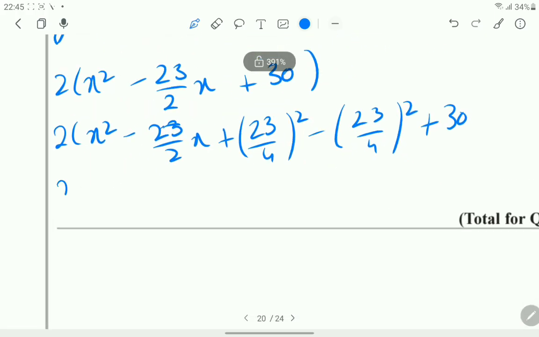And solving further we have 2x squared minus, oh, again it's good that you see my mistakes so that you remember that these are very common and you will definitely avoid them now. So minus 23 by 4 whole squared on my calculator plus 30 gives us 49 by 16, again, coincidentally.